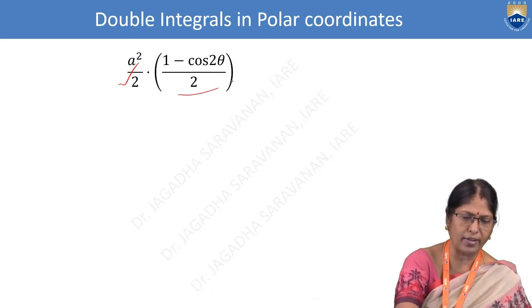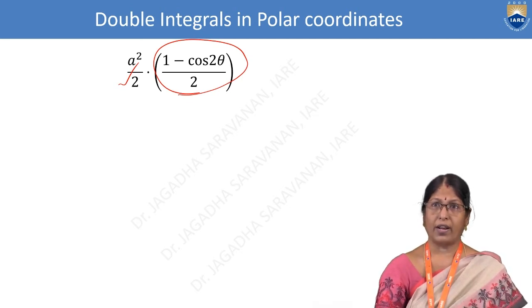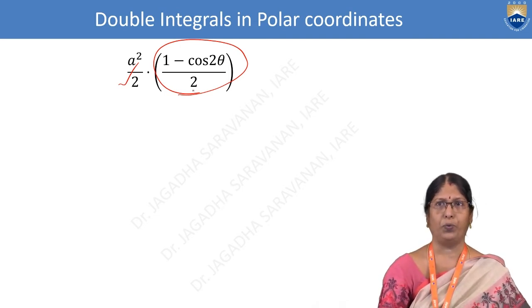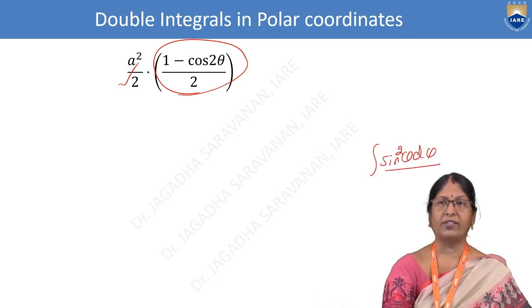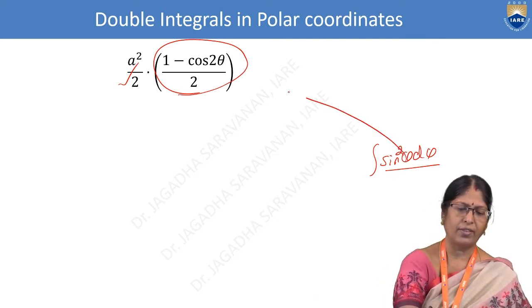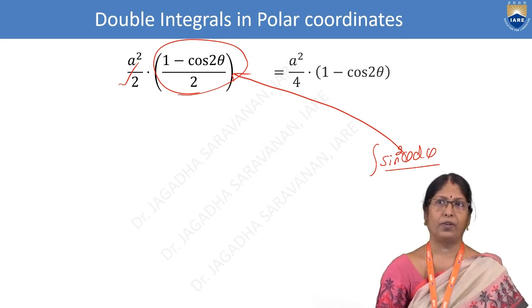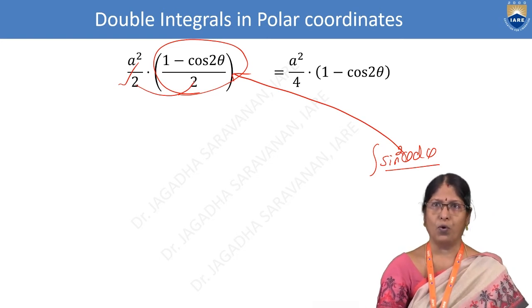That sine square theta is replaced, using the trigonometric formula, by 1 minus cos 2 theta by 2. Because for sine square theta, doing the integral is difficult. That is the reason we substituted the relevant trigonometric formula. Now this 2 into 2 is 4.